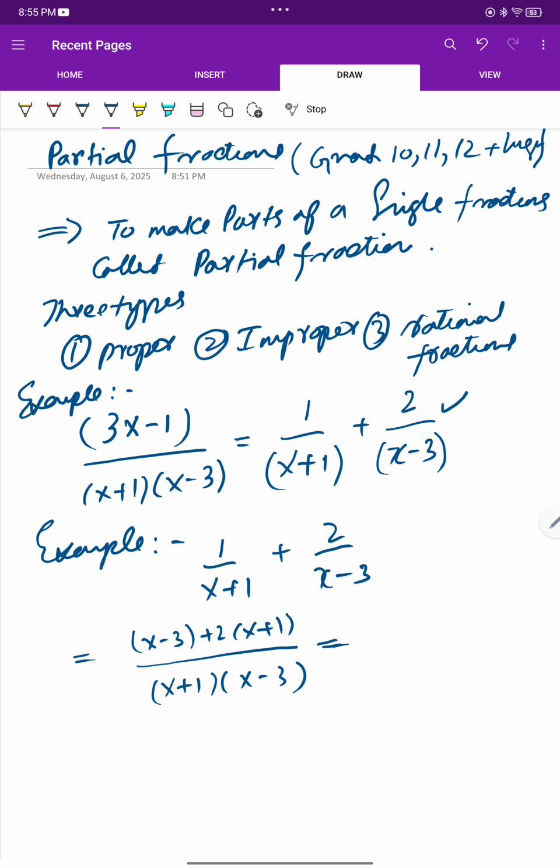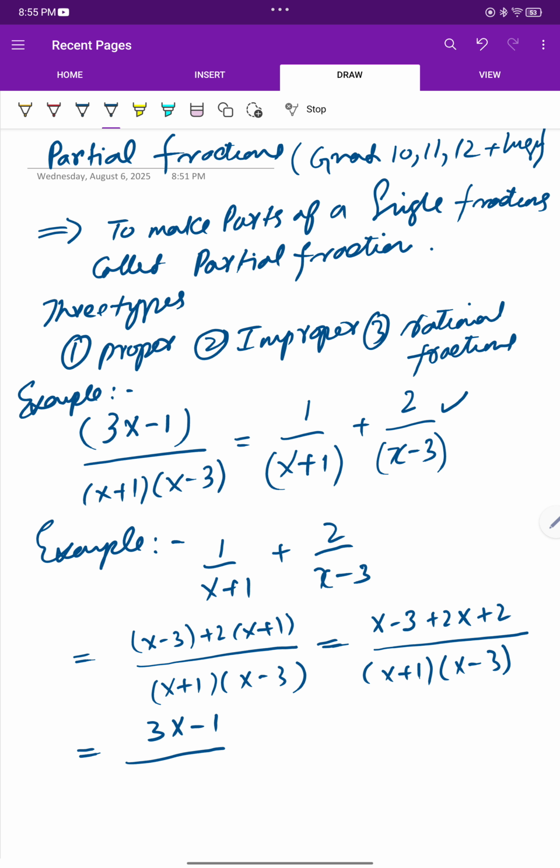And when you multiply all these, at the end you get the same 3x minus 1 divided by (x plus 1)(x minus 3).